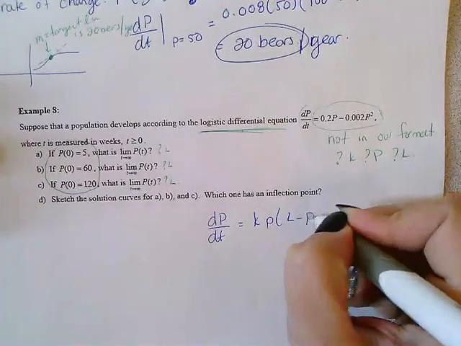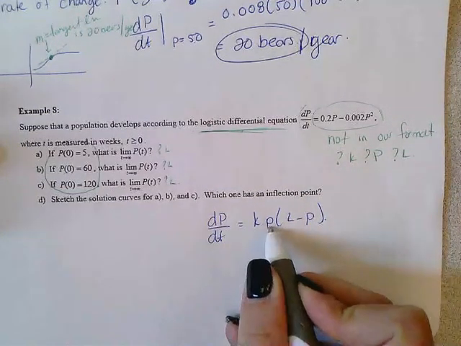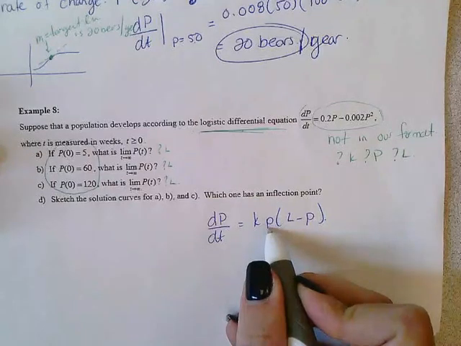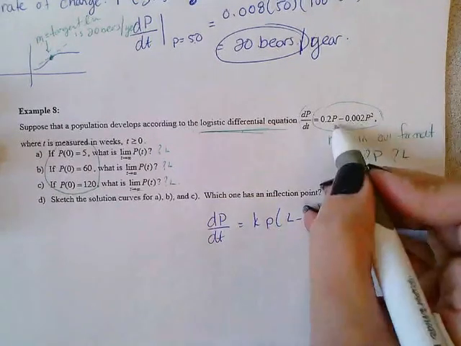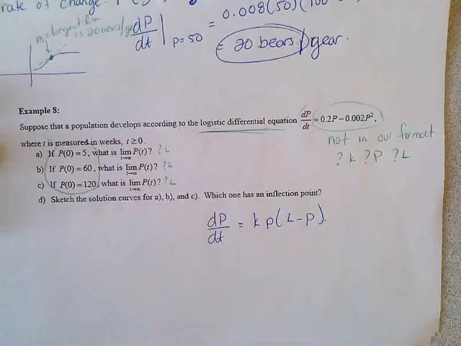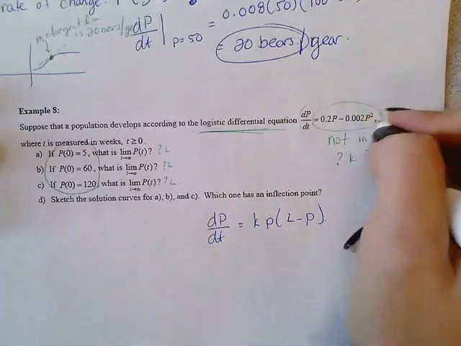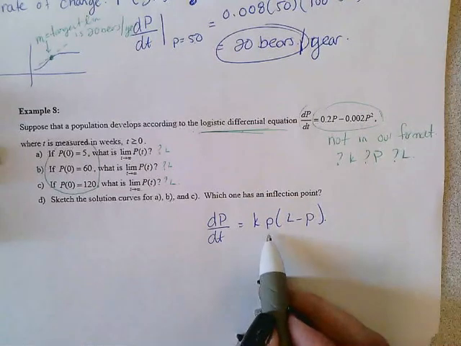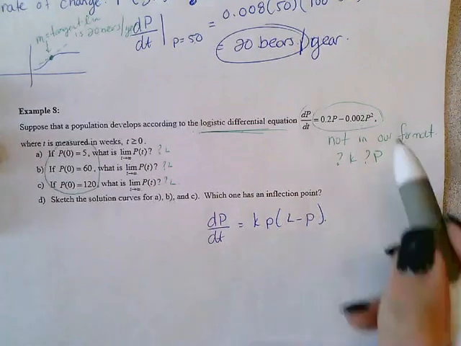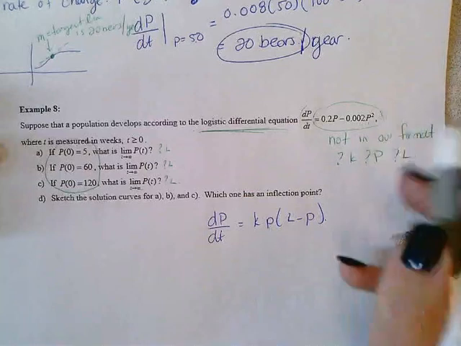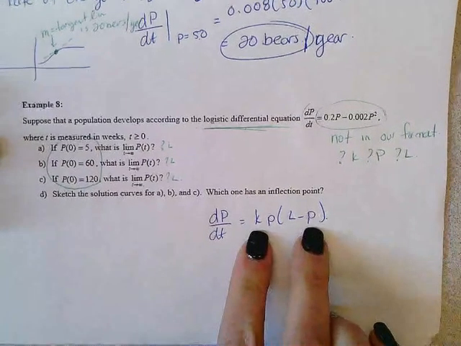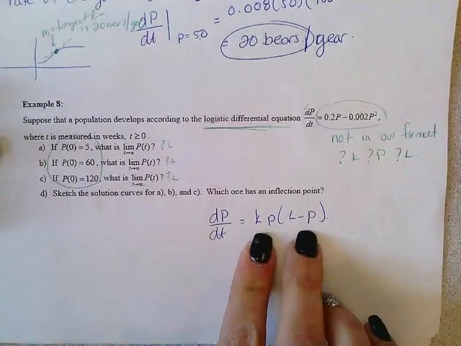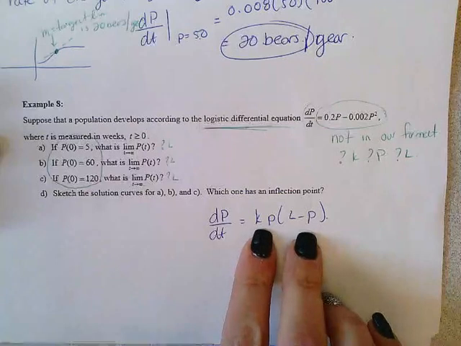times (L minus P). I just changed y to P because that's what we're dealing with. Now look at this equation and look at this equation. What do you notice? This is a quadratic, and this is a quadratic that has been factored.